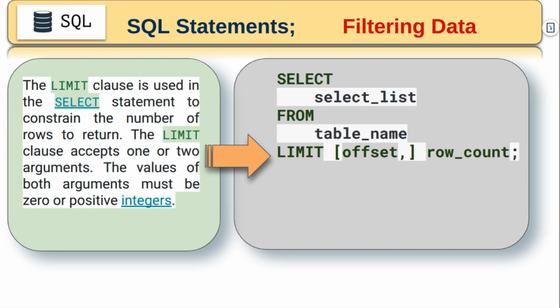Under the limit clause, we have to write the offset and the number of rows, that means the row count. What is the meaning of this offset?